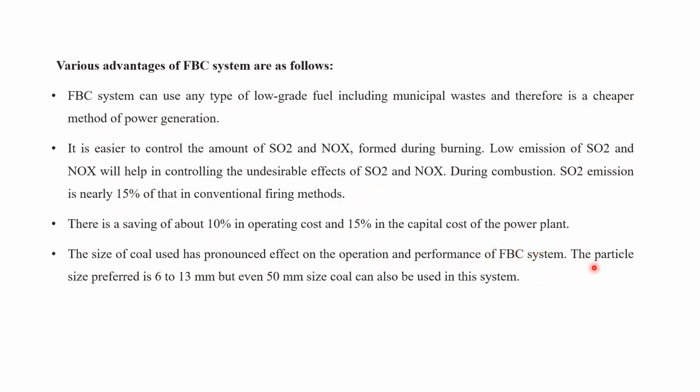This is one more important point. The particle size is 6 to 13 mm, sometimes 50 mm size can also be used in the system. Here you are seeing 50 mm, whereas in the pulverized fuel system, you have to use 200 mesh size. So these are the major advantages of this fluidized bed combustion, which is a new technology being utilized nowadays.